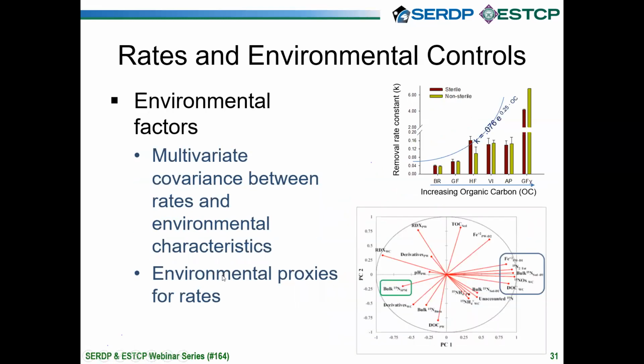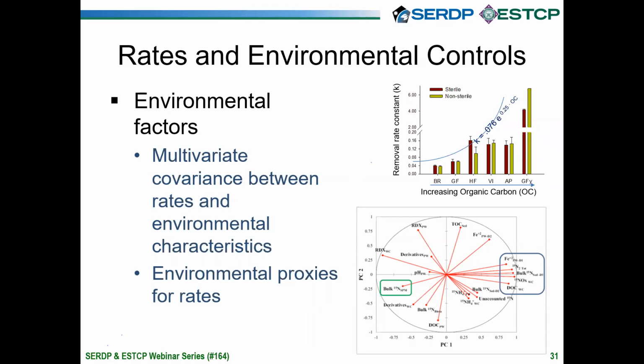Because we do these across a range of habitats, we can start exploring what factors go into making that very large range of loss or absorption or mineralization. And we do this in a couple of different ways. Some statistical approaches that are relatively straightforward and some that are maybe not so straightforward.